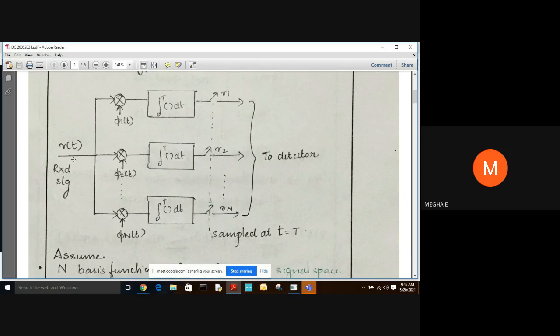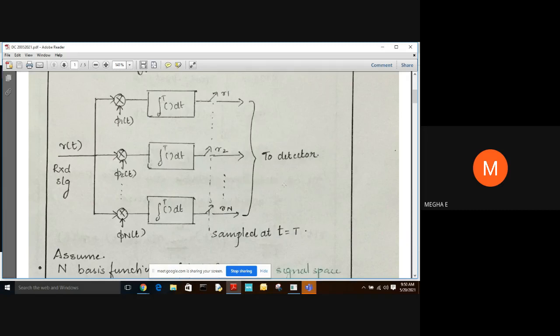The received signal is converted into vector form by passing through the signal demodulator. The signal demodulator can also be a matched filter, but here we are discussing a correlator type demodulator, and its output is given to a detector, which decides which m signal was transmitted.